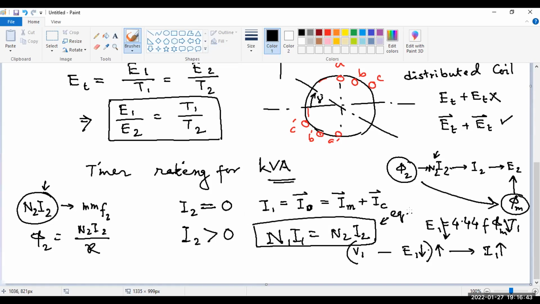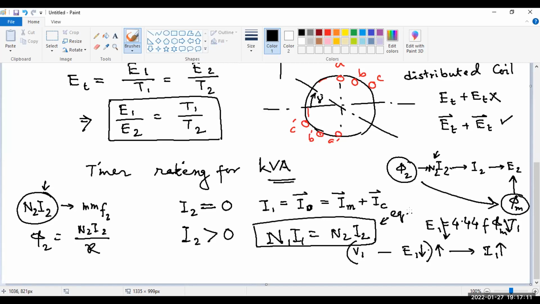Sir, I have one doubt about the previous point. You told that V1 minus E1 will decrease. Suppose two batteries having different values are connected; current will flow through it if it is short circuited. Then how can we say that if E1 is reduced, current will flow?